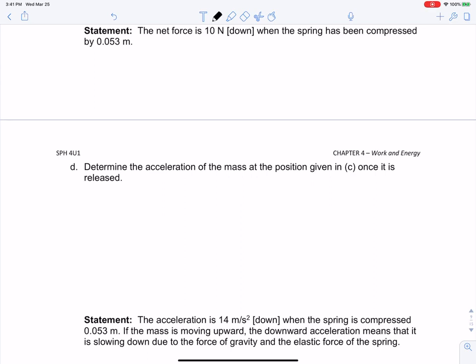The net force in the y direction will be equivalent to the mass times the acceleration. We know that the mass times the acceleration is equal to 10.4 newtons. So this will be equivalent to ma.